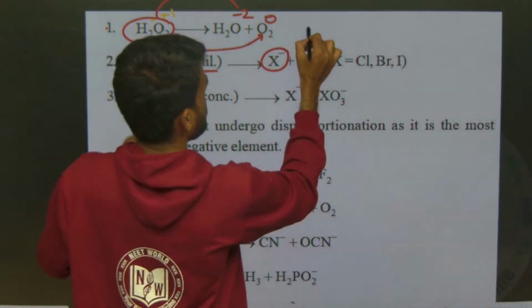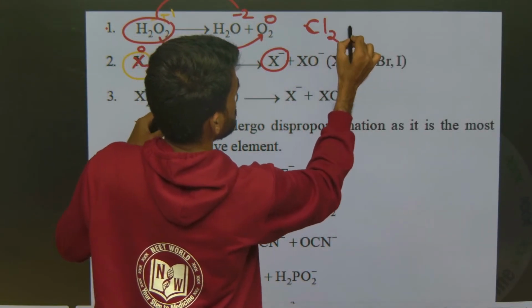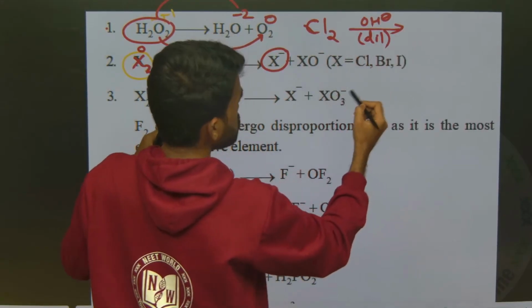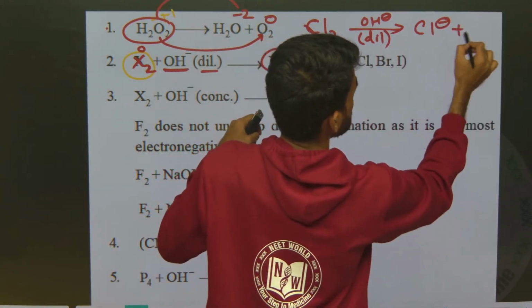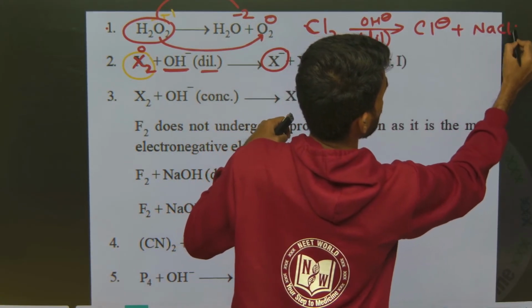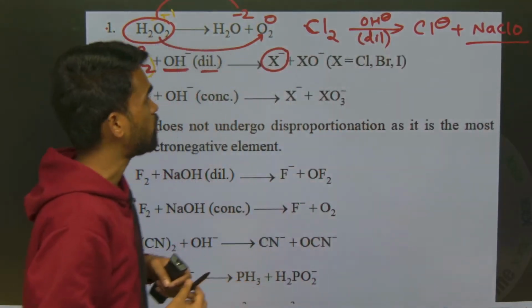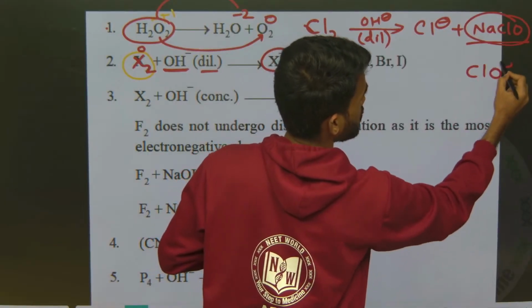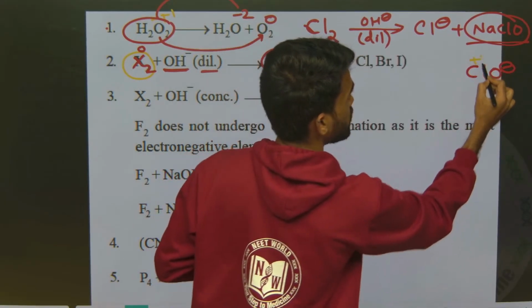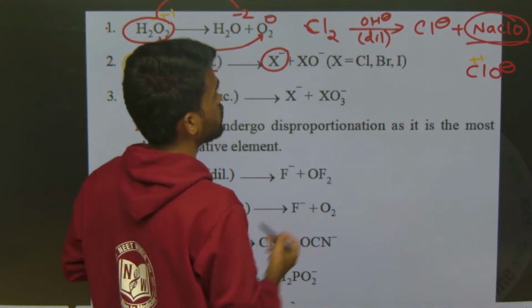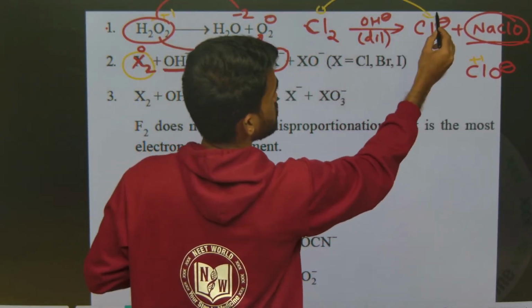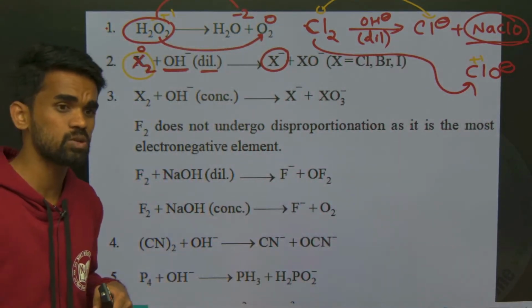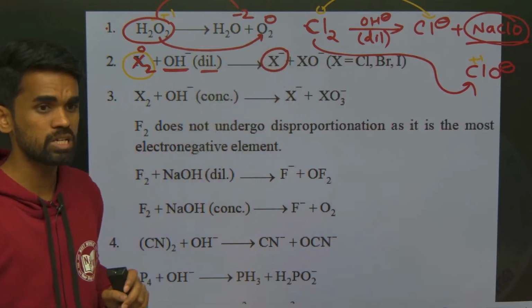For example, Cl2 with dilute OH minus will give chloride ion plus NaClO, that is ClO minus. Here chlorine is in +1 oxidation state. So what is the change you are seeing? From 0 to -1 and from 0 to +1. The same element undergoes oxidation as well as reduction, so it is a disproportionation reaction.